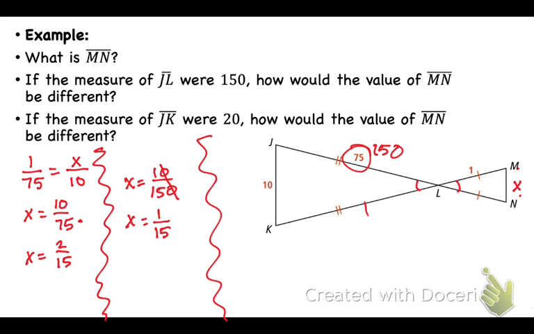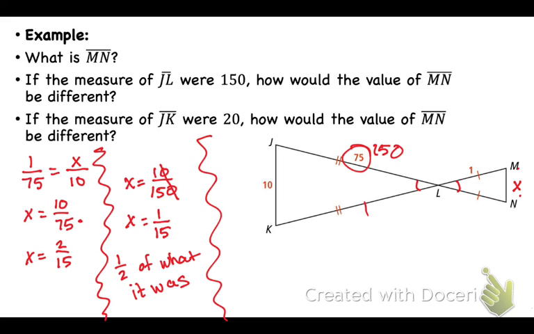But as I extended that JL out, it made MN half. It's half, isn't it? Yeah. Half of what it was. That's interesting, right? And we're going to talk about how and why in a second.